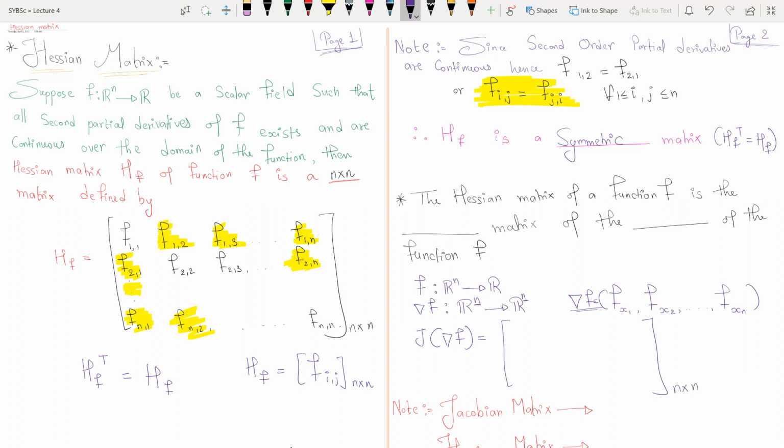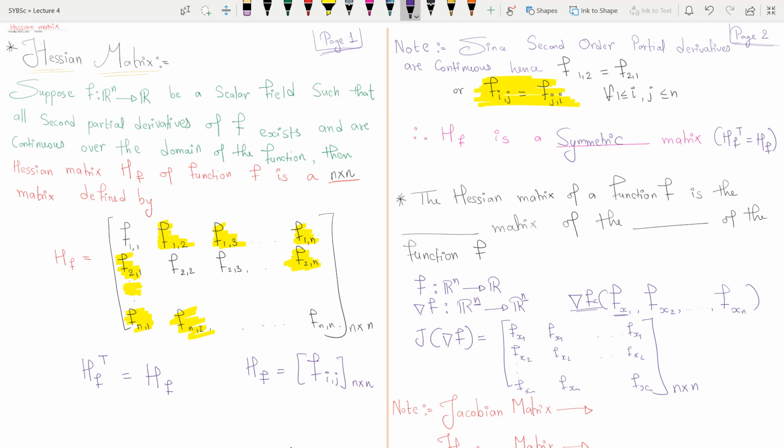Then what I do is I write the first function in the first row, so it is f_x1, dot dot dot, and the second function in the second row, f_x2, dot dot dot, and so on. Then at the end I write f_xn. Then I go column wise.